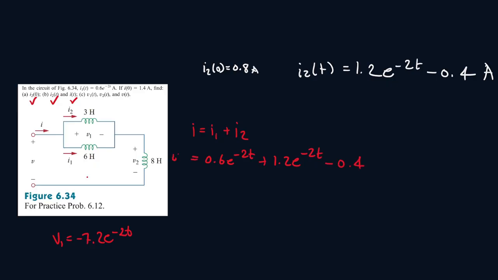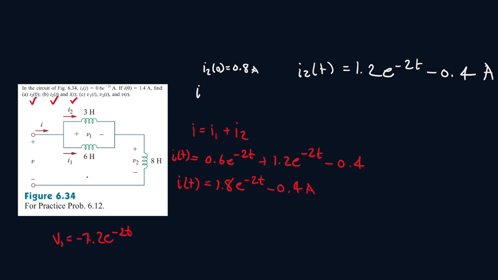And this will give you your I value, okay? So I will be equal to 1.8 e minus 2t minus 0.4 amps. Alright, so my apologies there, sorry.